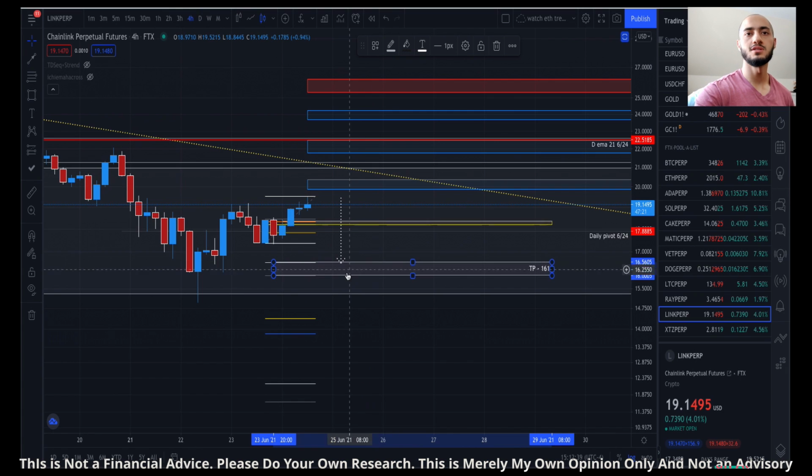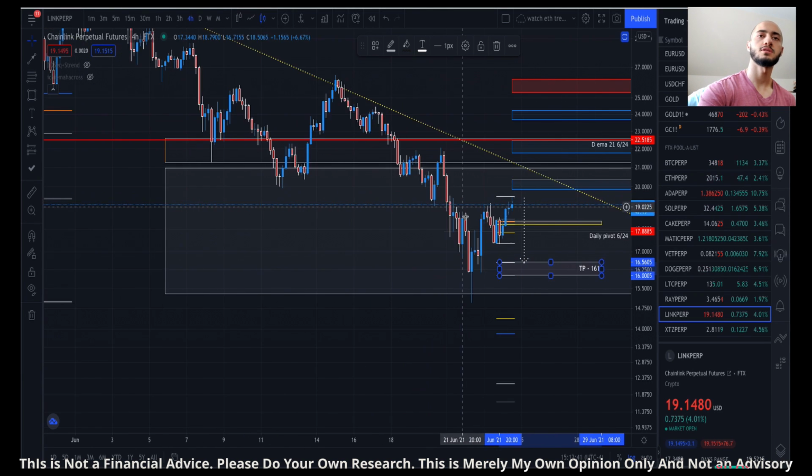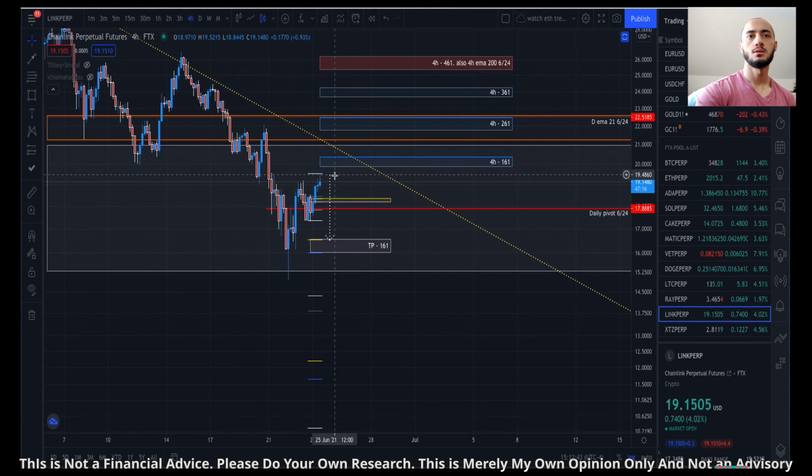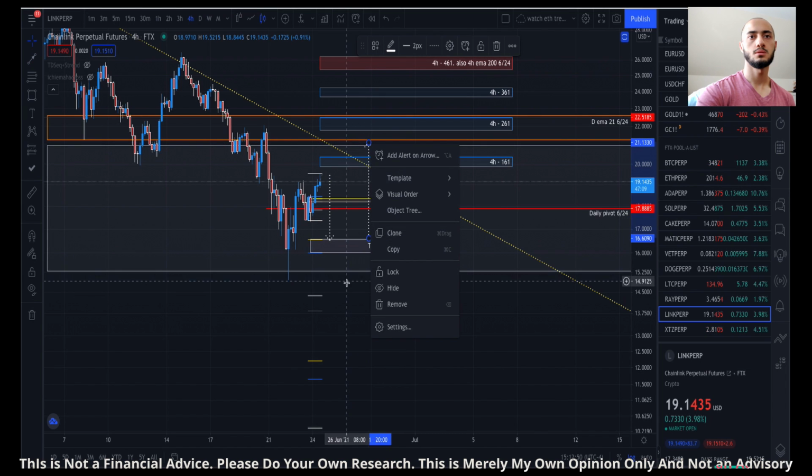It's going to pull back to the 161, and then it's going to go back up and test the trend line again over here. So it's going to do something like this.